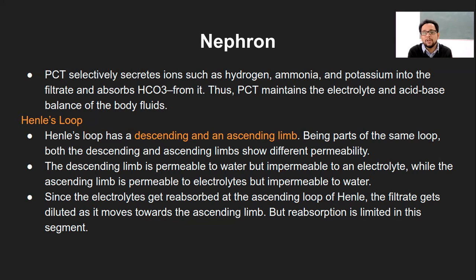That's when it is able to maintain this electrolyte and acid base balance. Acid base balance because it maintains the concentration of H plus ions as well as NH4 plus ions, and also the bicarbonate. So that way it maintains the electrolyte as well as the acid base balance.